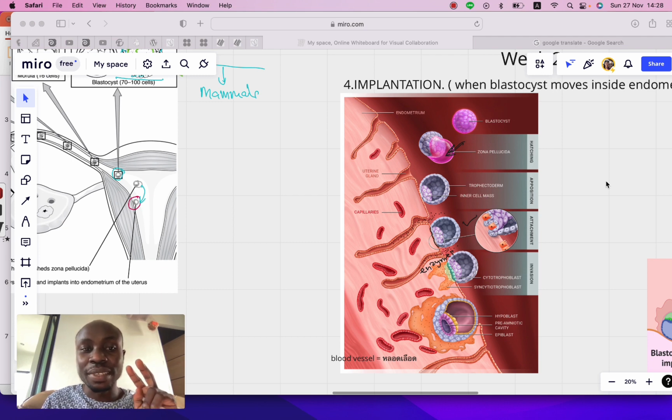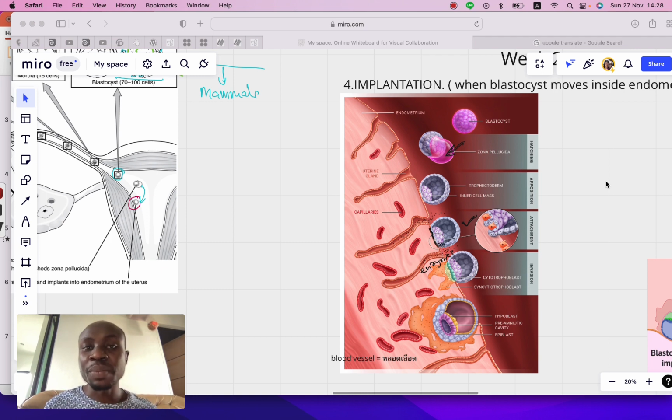And in the next step, the blastocyst is going to move and attach to the endometrium. So you can see here in this picture, the trophoblast cells have attached to the endometrium.